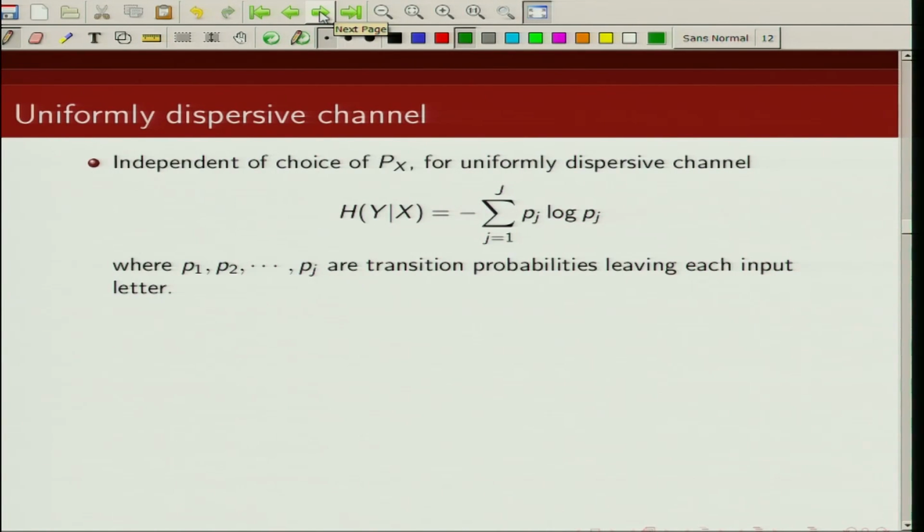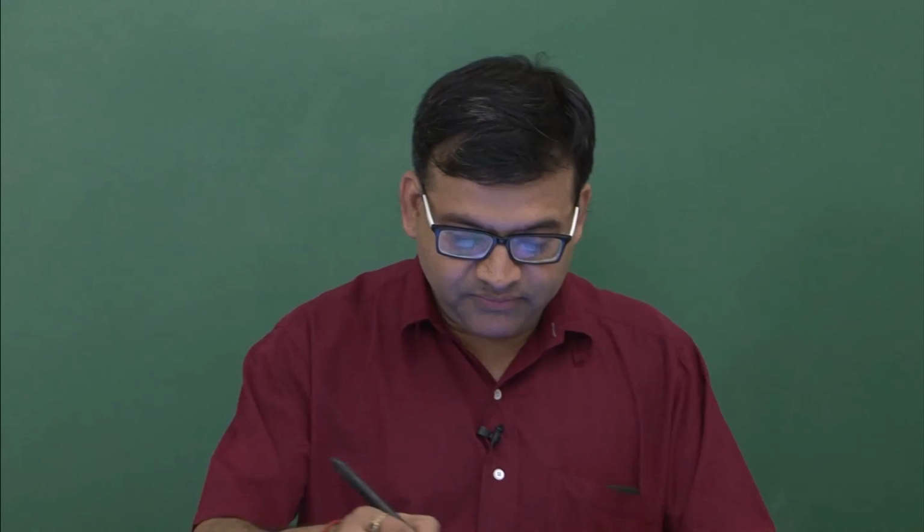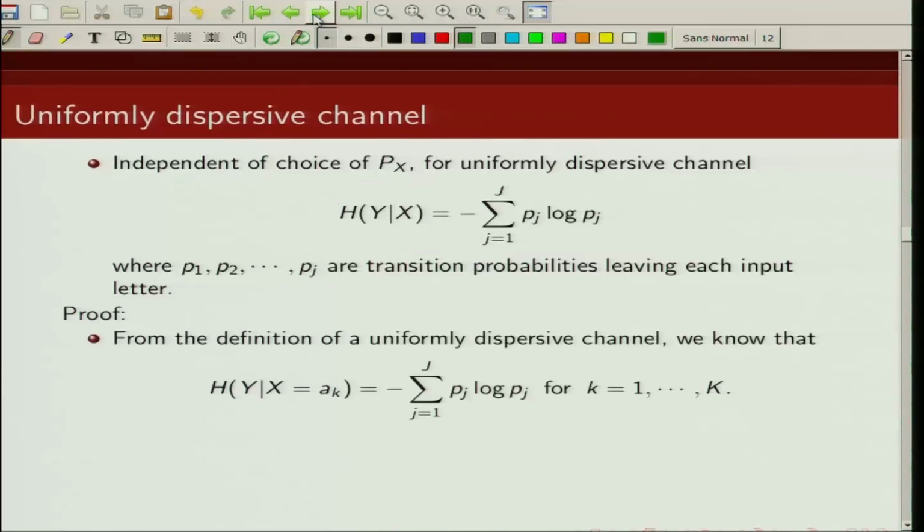Now, for a uniformly dispersive channel, independent of the choice of input distribution, we can write the uncertainty in y given x as the summation of minus pj log pj, where these pj's are the transition probabilities leaving each input letter. So, let us prove this property.